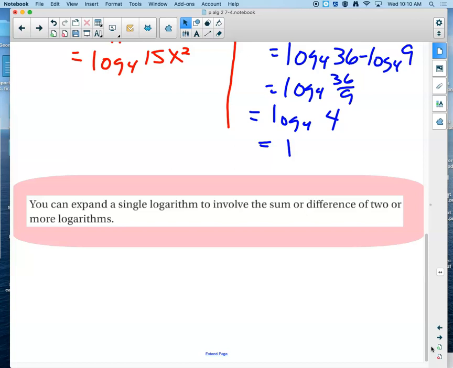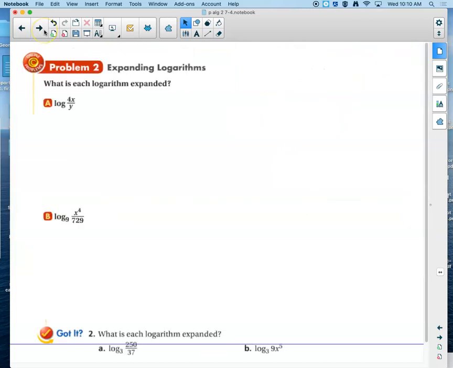But don't lose sight of this. If at some point we have a logarithm that just has numbers, we really want to do the best that we can to get that down to an actual number if it's possible. So this is, again, kind of power chart territory. If you're not remembering all of your numbers being raised to a power, having that power chart out for this assignment will probably come in handy.